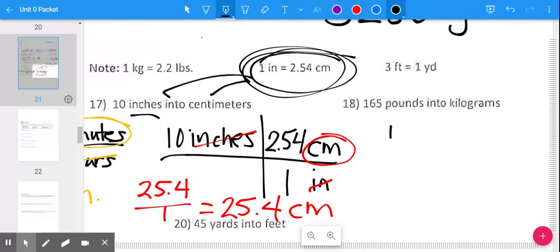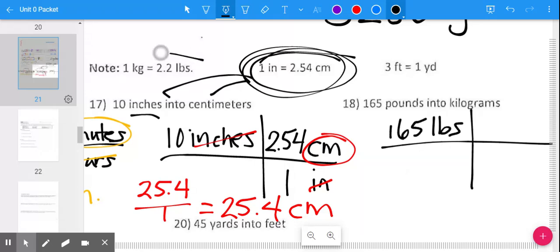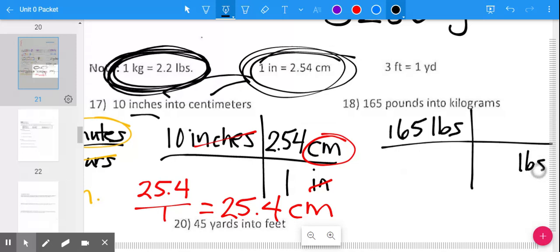Okay, in our next one, we're given that it's 165 pounds, and we're going to kilograms. So over here, we have a conversion straight from kilograms to pounds. Pounds is at the top in our given, so pounds goes at the bottom in our conversion, and then kilograms goes at the top. Just like it says over here in that given conversion, 1 kilogram is 2.2 pounds.